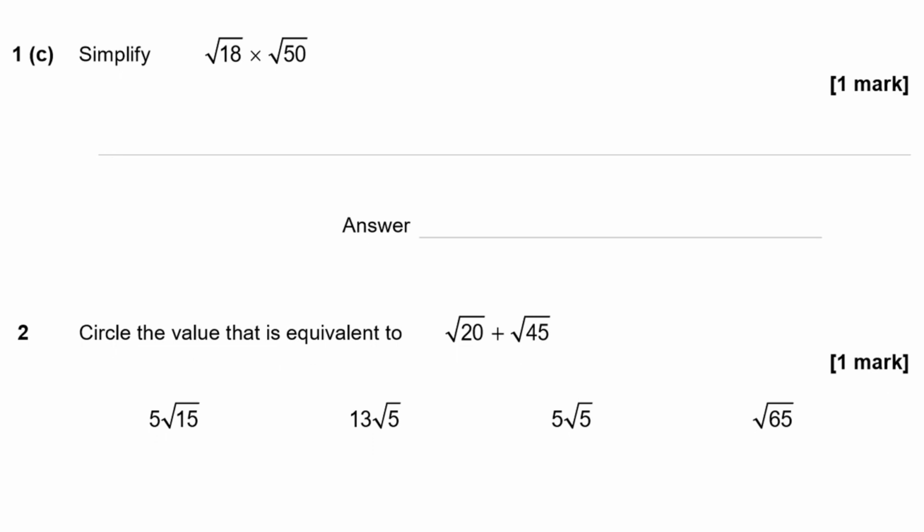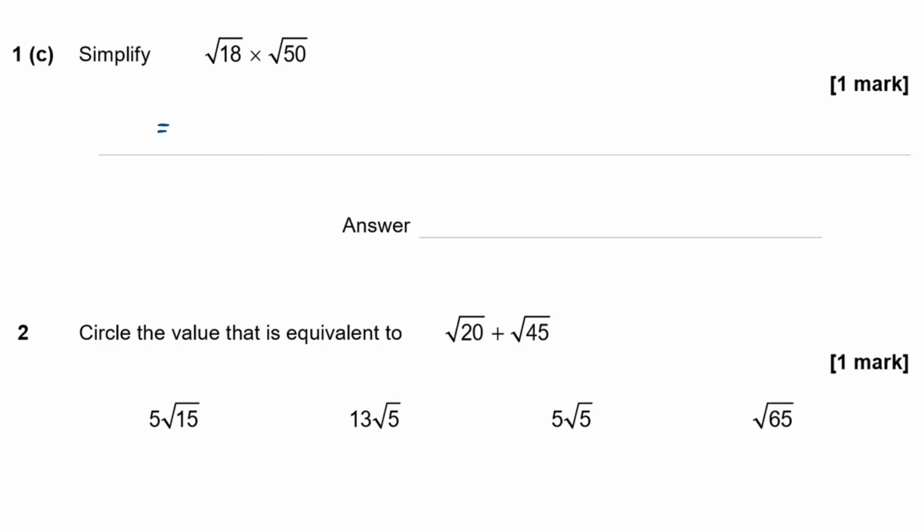Question 1c. Simplify the square root of 18 times the square root of 50. Now I could put those under one square root and work out what 18 times 50 was and then look to simplify, but actually it might be easier to simplify them first and then combine what's left.